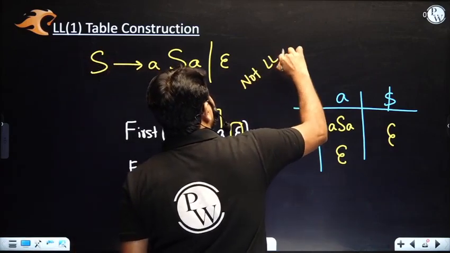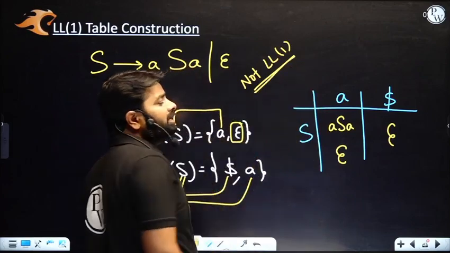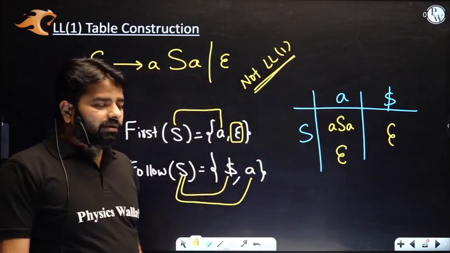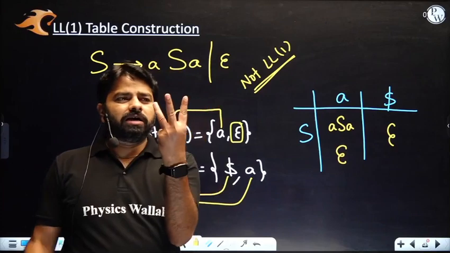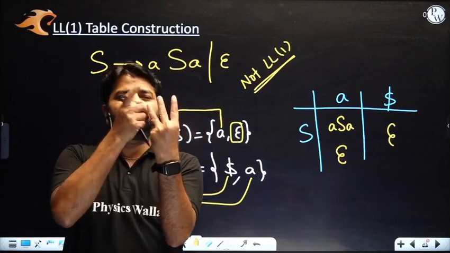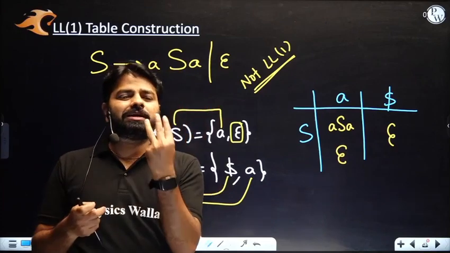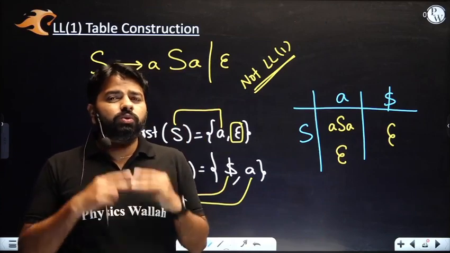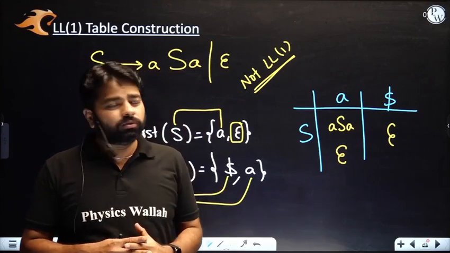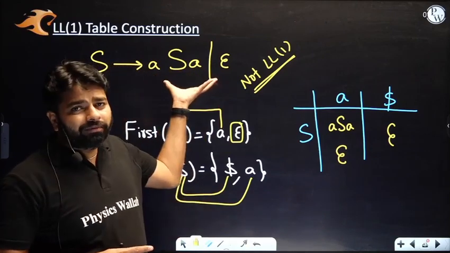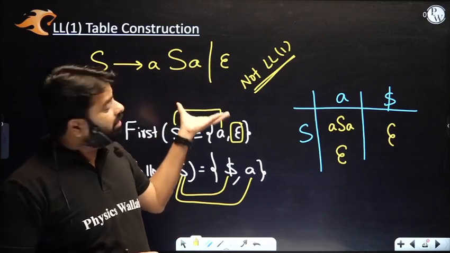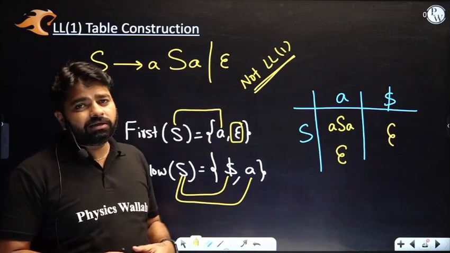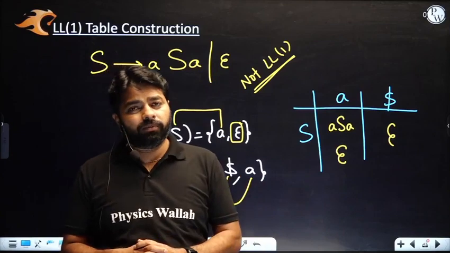Now, this is the best example for you. Anybody who was assuming that the 3 points, unambiguous, non-left recursive and left factored, are sufficient to say it is LL1, see that even though it is unambiguous, has no left recursion, and is left factored, still you are not able to say it is LL1.